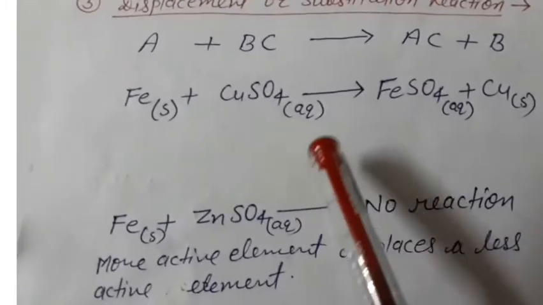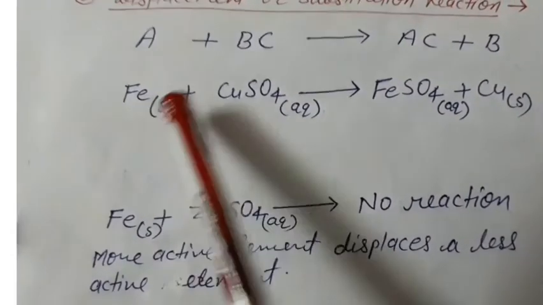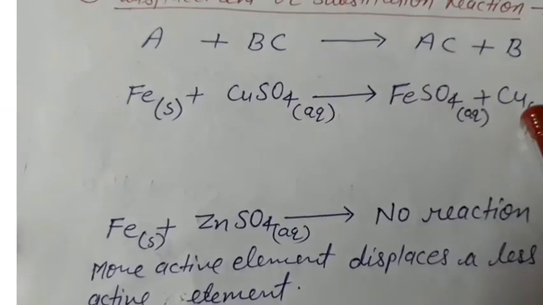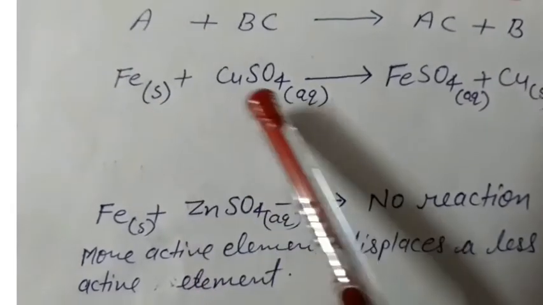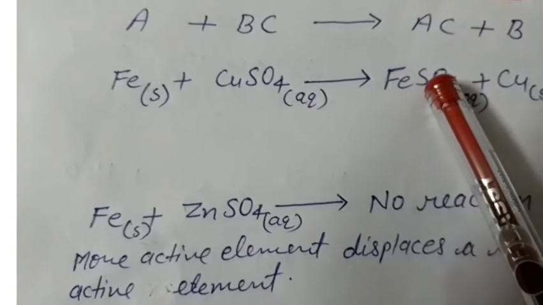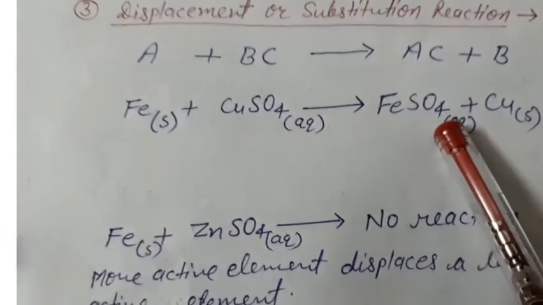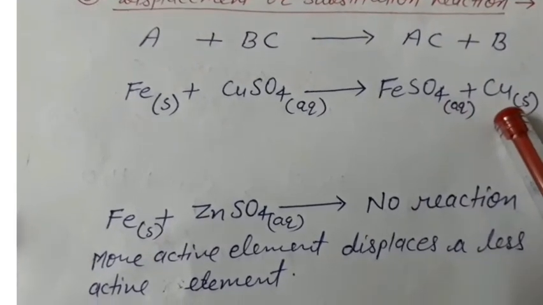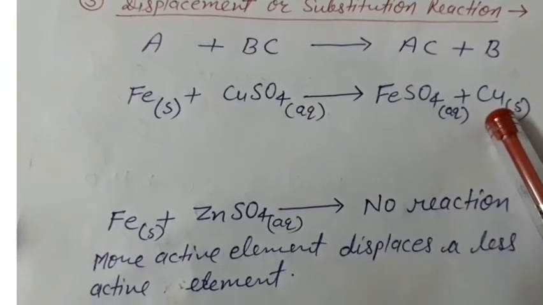You can observe in that experiment that when we react iron with copper sulfate solution, ferrous sulfate solution and copper are formed. Fe displaces Cu from CuSO4 and forms FeSO4, ferrous sulfate. So the blue color of copper sulfate converts into the green color of ferrous sulfate and copper is deposited on the iron nail. So this is a displacement reaction.